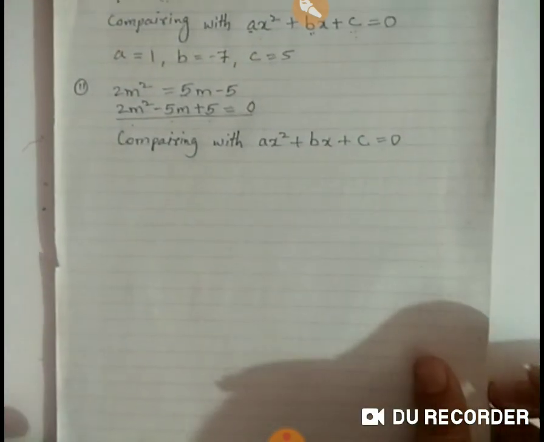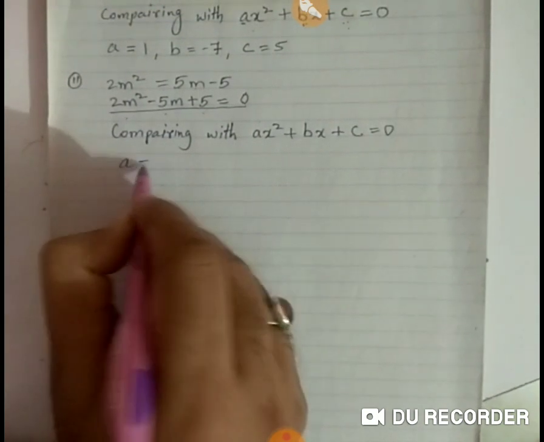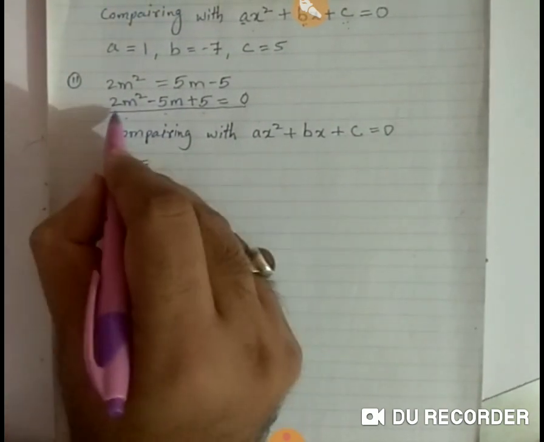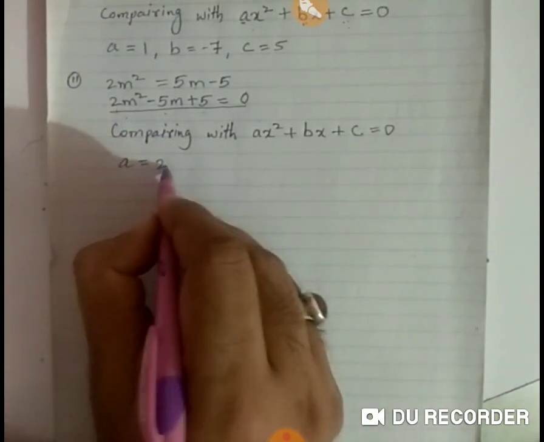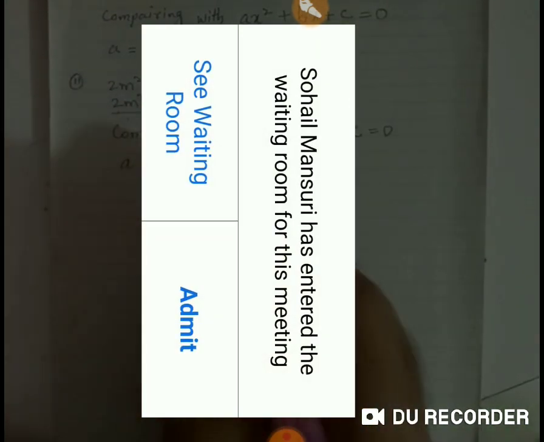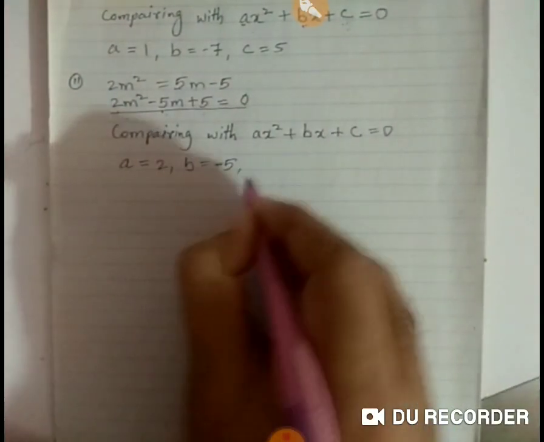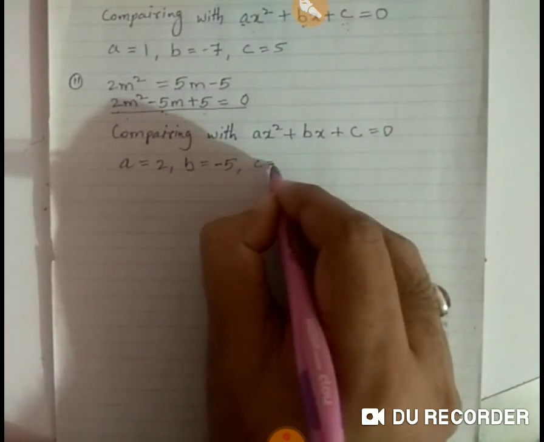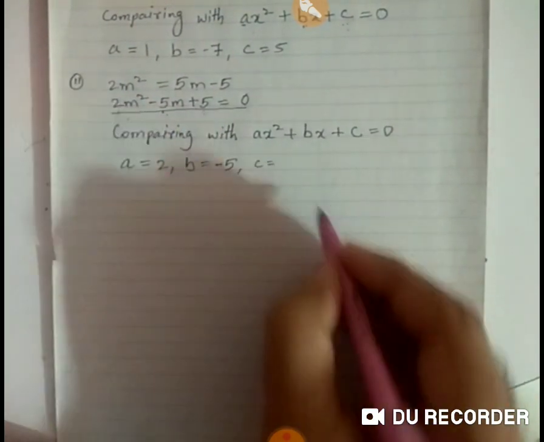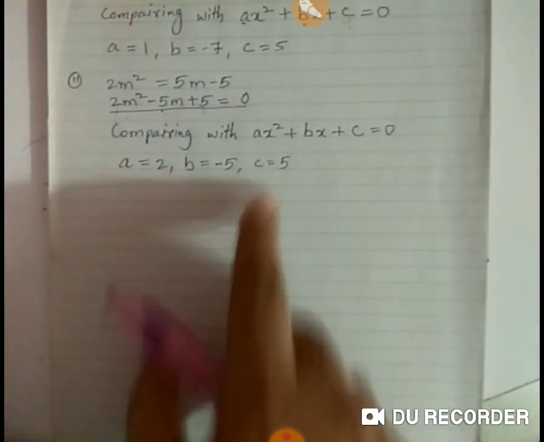So on comparison, we came to know that a is 2, b is minus 5, and c is plus 5. So these are the values of a, b, c.